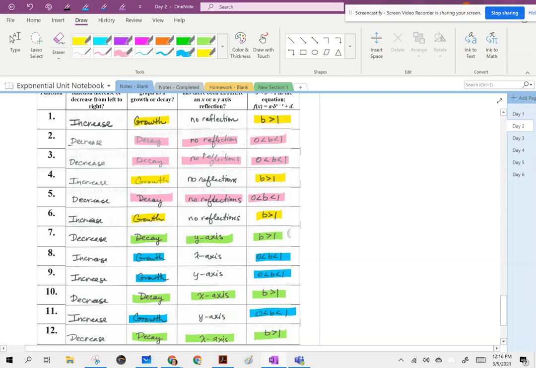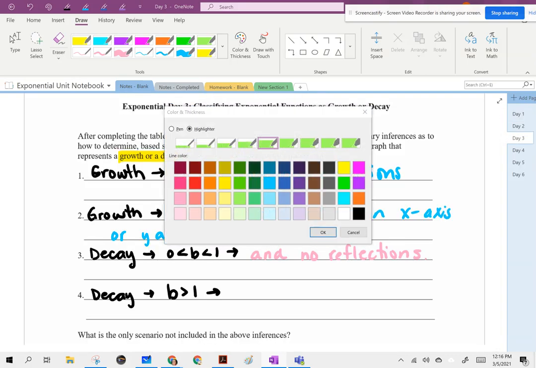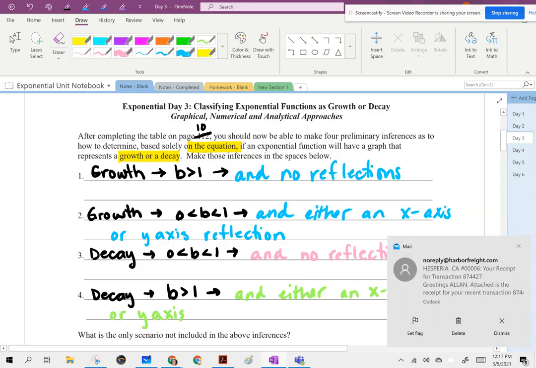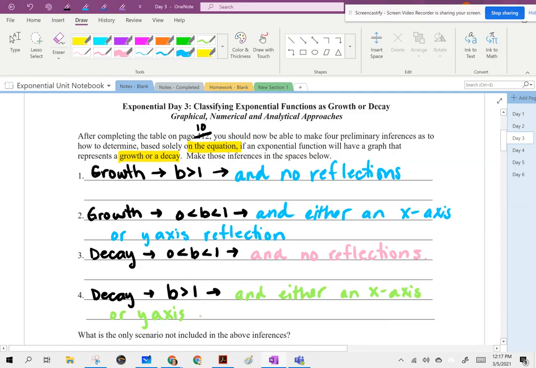There's a y-axis or an x-axis. So let's make that reference here. Decay when b is greater than 1 and either an x-axis or y-axis reflection.